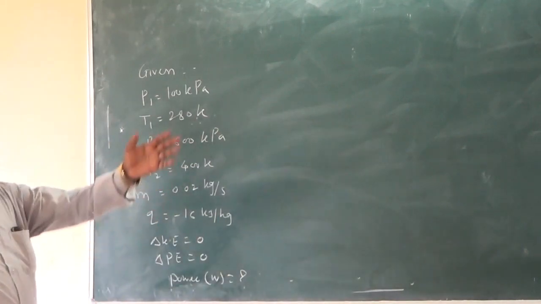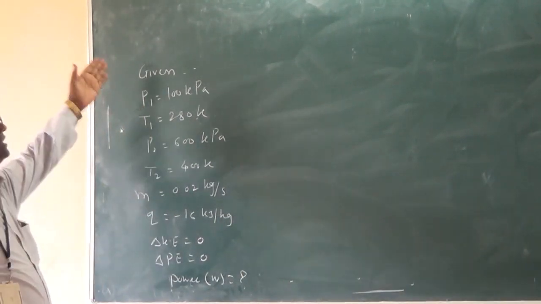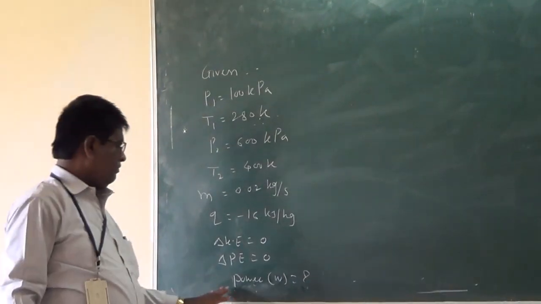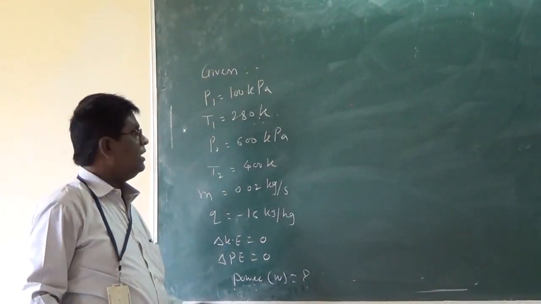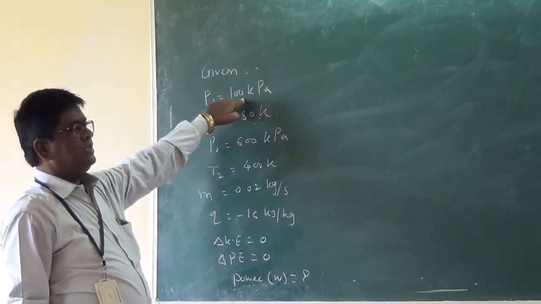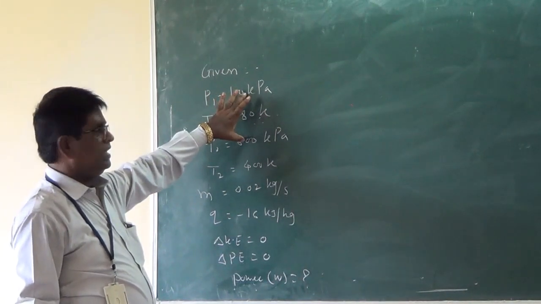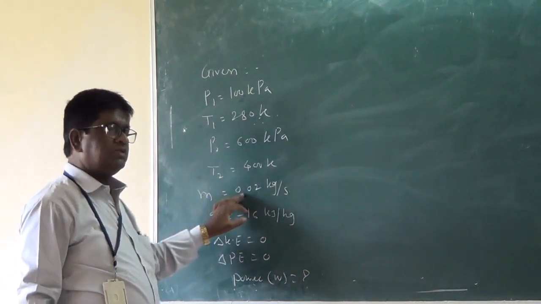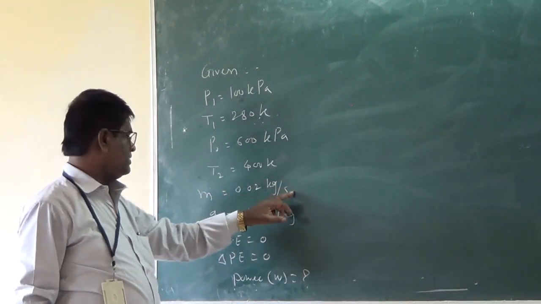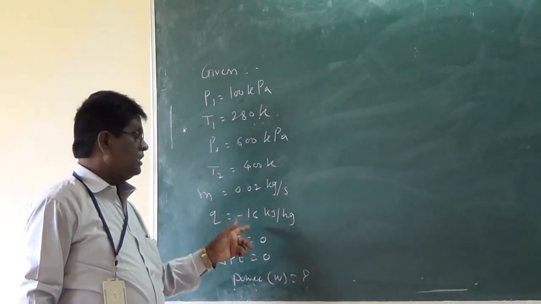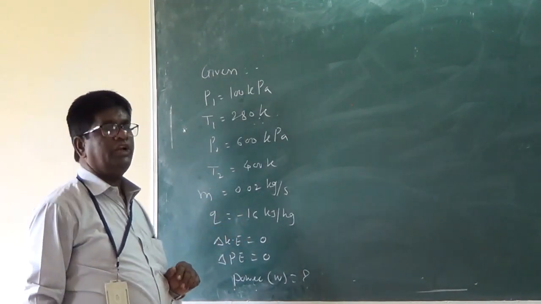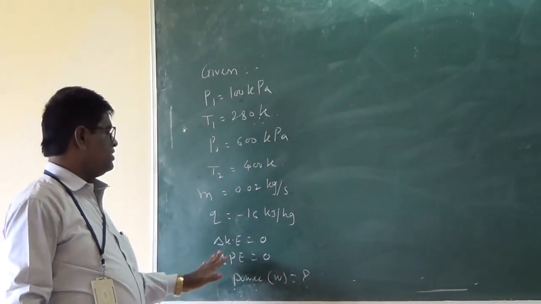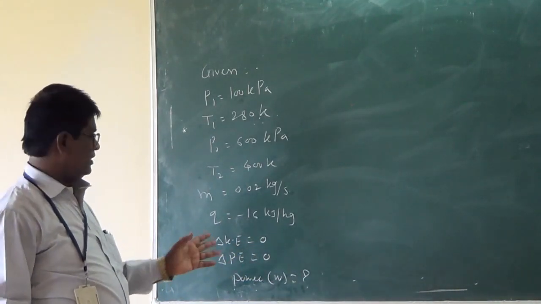So if you see the numerical, these are the things which are given. Finally we have to calculate the power. P1 pressure is given, both pressures are in kilopascal. Then T1 and T2 are given, both units are the same. Then the mass flow rate is given, 0.02 kg per second. Q is given as 16 kilojoules per kg; here it is taken negative because it is given to the surroundings. Change in kinetic energy and change in potential energy are both neglected, so they are zero.